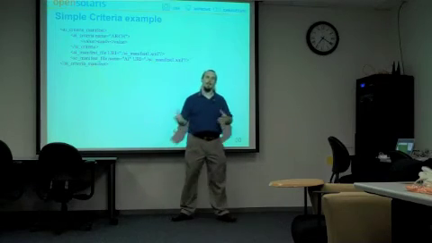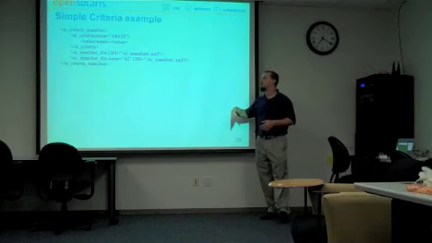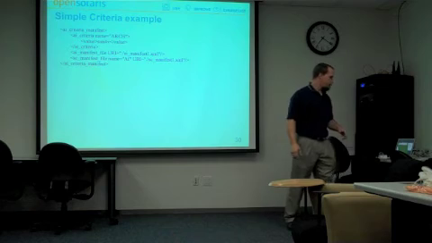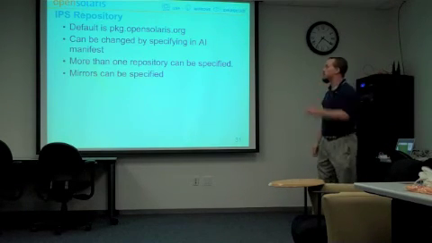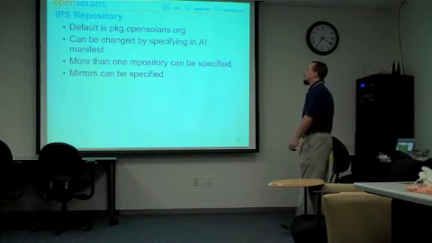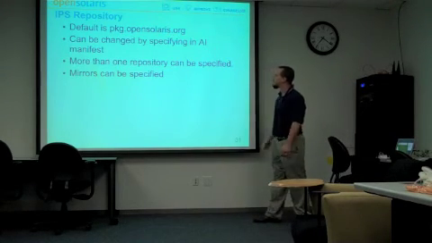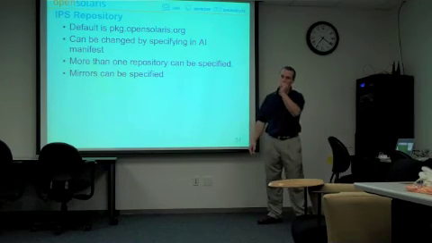And then I could go over and I could say for anything that's Sun4u, use different ones, or I could set it based on MAC address, IP address, etc. IPS repository default right now for AI is pkg.opensolaris.org. We already talked about that. We could specify it. We can even specify more than one repository if we want to.